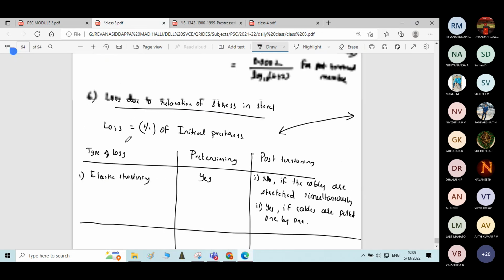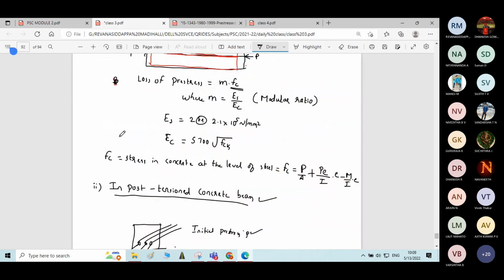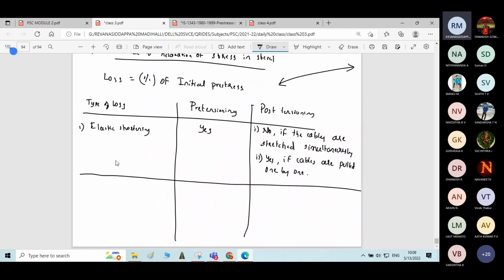The second one is loss due to friction. As I said, it will not take place in a pre-tension member. It takes place in a post-tension member. This I already explained in the beginning.